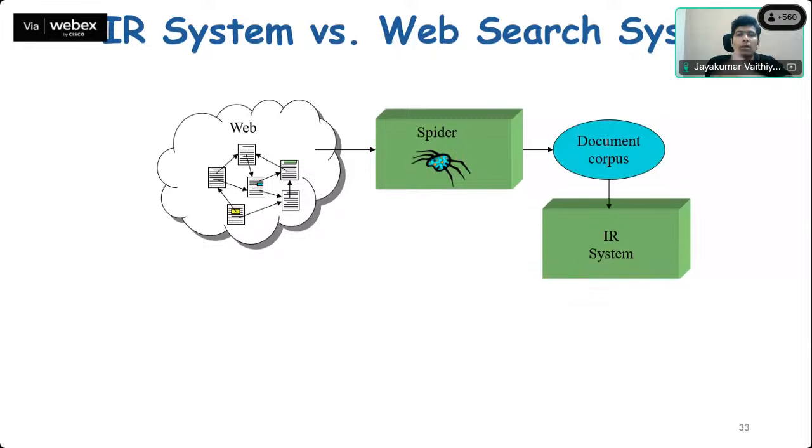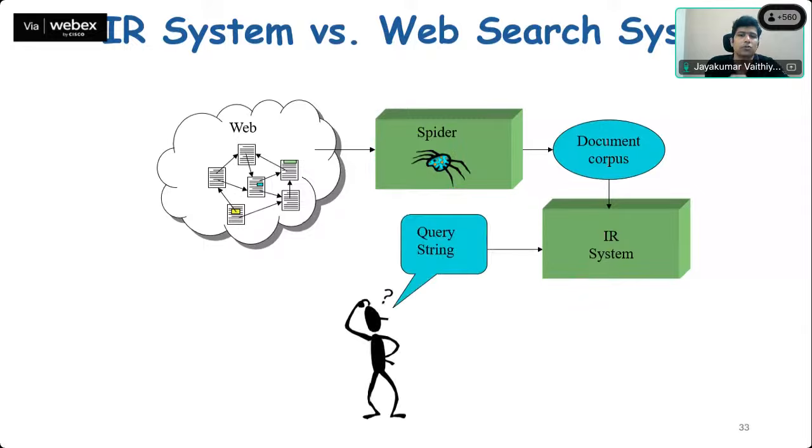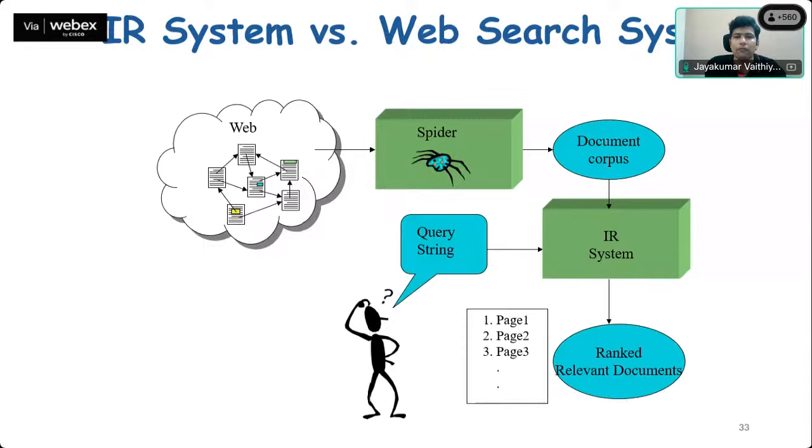It will give all this information to your IR system or Google search engine. Suppose you give a query, it will fetch from those ranked web pages or relevant documentation. Most of the time, Google or ChatGPT will give a likelihood answer, or relevant information according to your query.